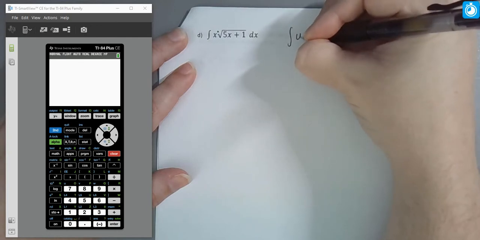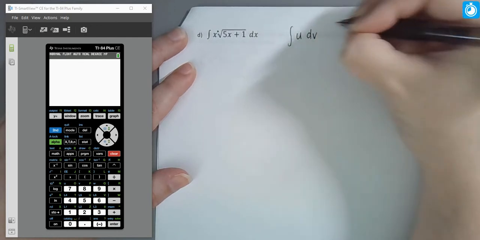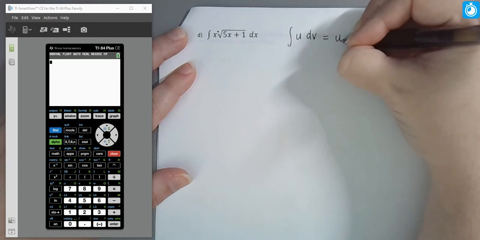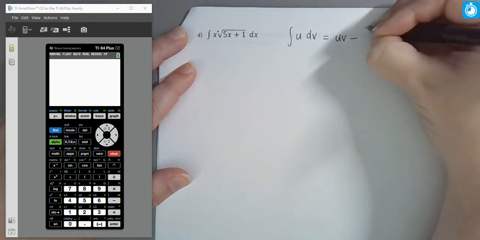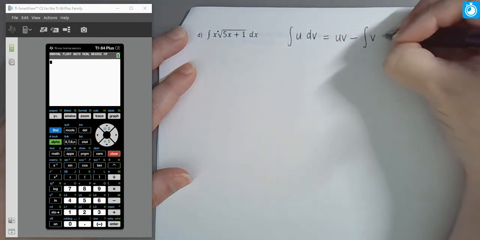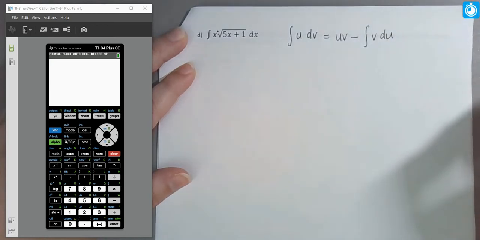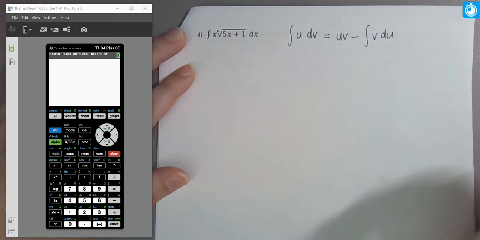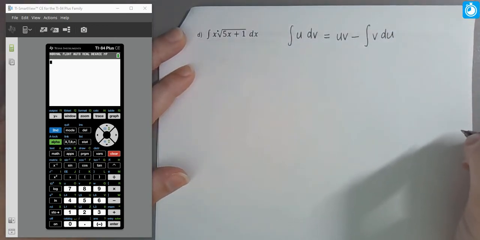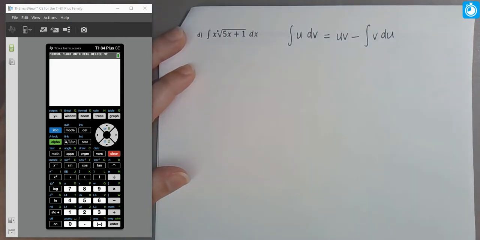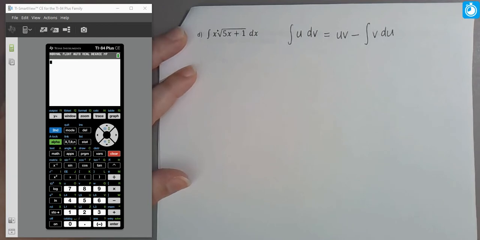So we're integrating something of the form u dv, and that's going to give us u times v minus the integral of v du. So what's our u? What's our dv? Well, we need to be able to differentiate u. We need to be able to integrate dv.